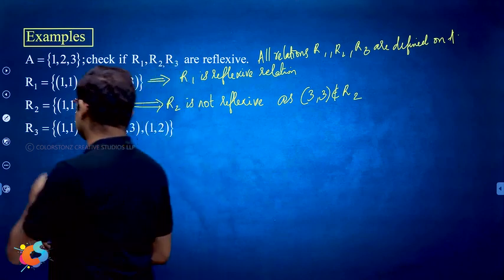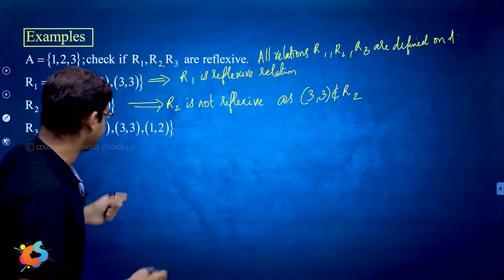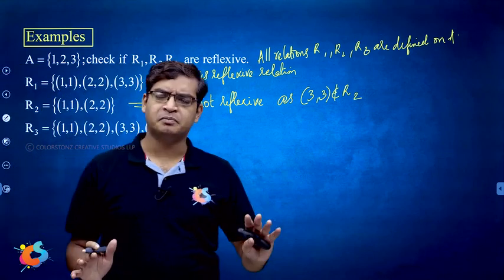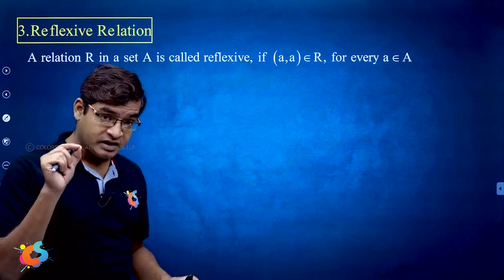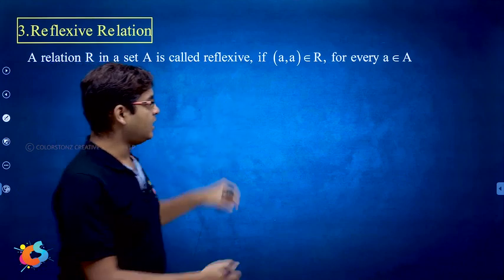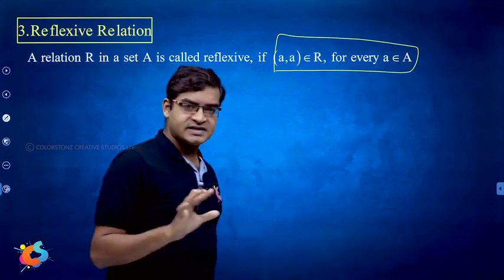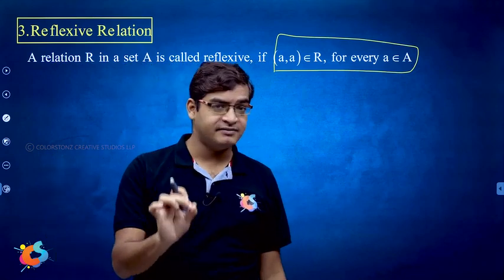So let us come to this one. We are checking the same things: 1, 1, 2, 2, 3, 3, all of them are there. Extra 1, 2 is there. That is not a problem at all. In the condition that we have taken in the definition, it says (a, a) should belong to R for every a belonging to A. If this is happening, then the condition is met and therefore this will be a reflexive relation.